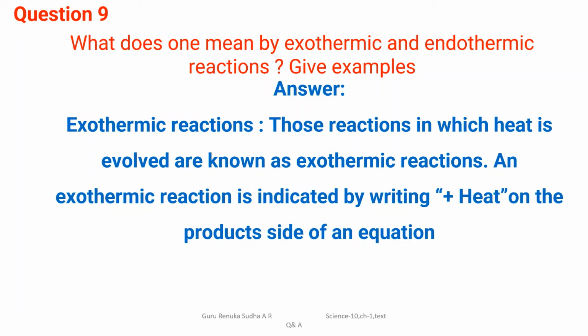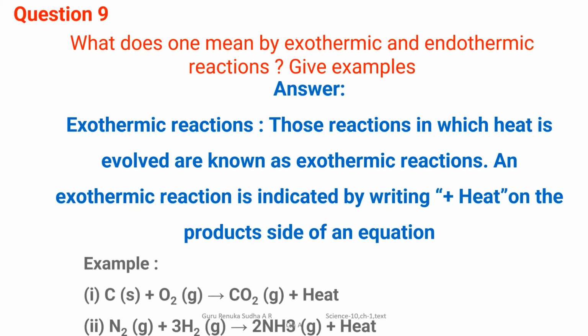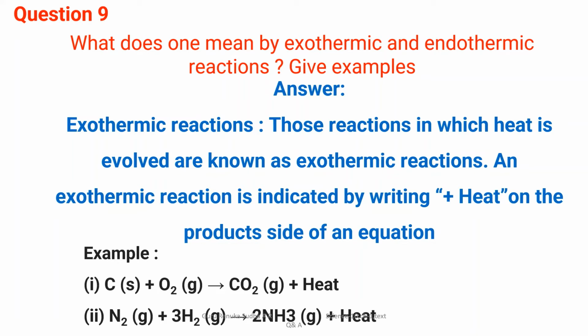Here are some examples which help us understand how exothermic reactions are represented in equation form. Here two examples are there. Observe carefully. This type of equations are considered exothermic equations. That means this type of reactions are called exothermic reactions.